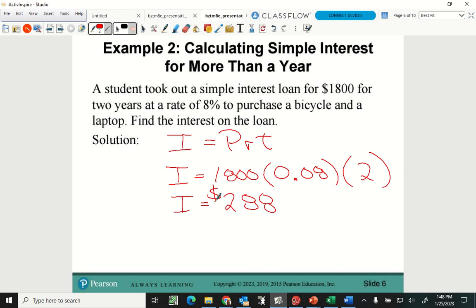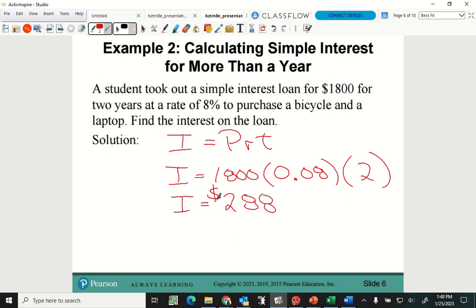Look at where your decimal point is on that 0.08. Look at the calculator though. Oh, you did times 20 instead of 2. That's 20 years. Okay.